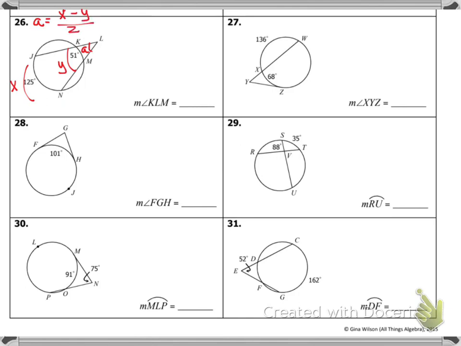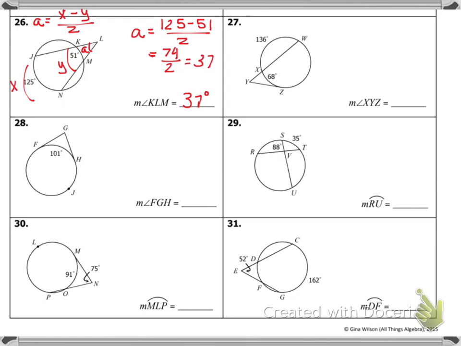So basically what we're saying is if I'm looking for that angle there, I need to do 125 minus 51 and then divide that by 2. 125 minus 51 is 74, and 74 divided by 2 is 37. So that's how we get 37 degrees for that one.